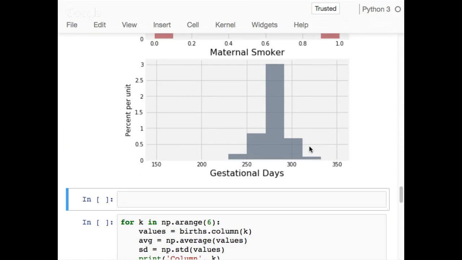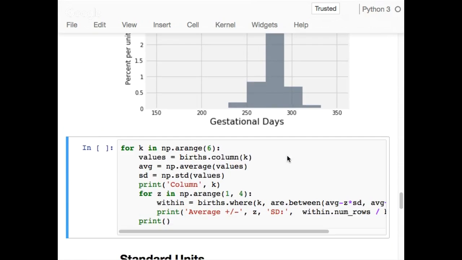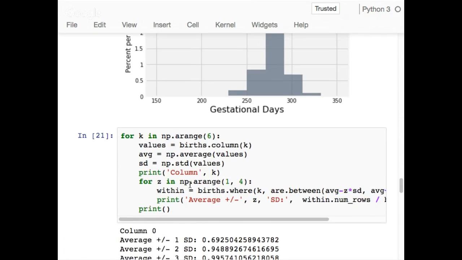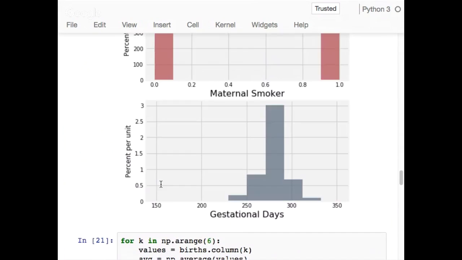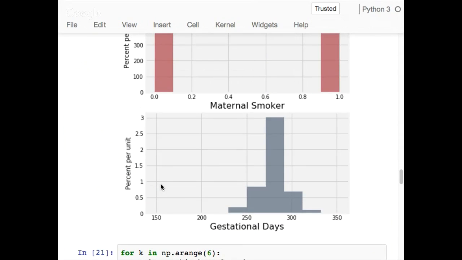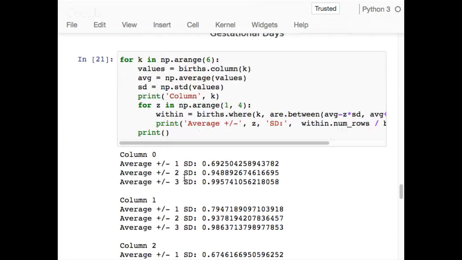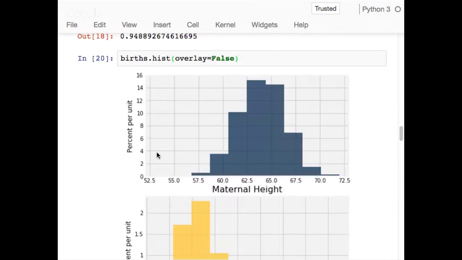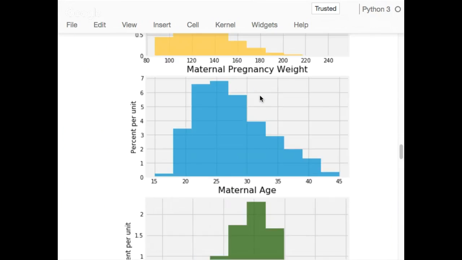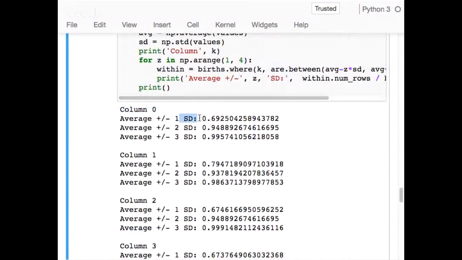Here's gestational days. I have some code here that, if I run it, takes every single column in my births table and looks at the proportion of values within 1 standard deviation, 2 standard deviations, 3 standard deviations, etc. For the first column, maternal height, within 1 standard deviation I got 69%.